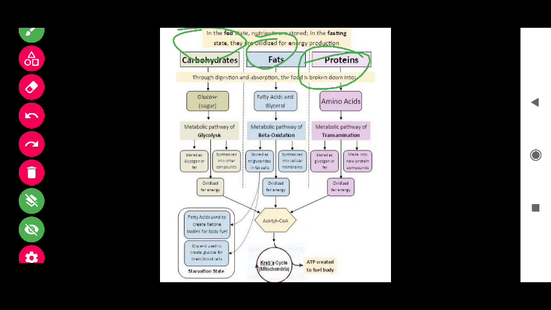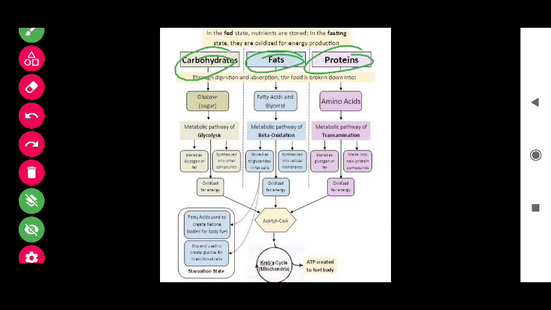It contains carbohydrates, proteins, and fat also. Through digestion and absorption in the intestine, this food is broken down. Digestion means it gets broken down.